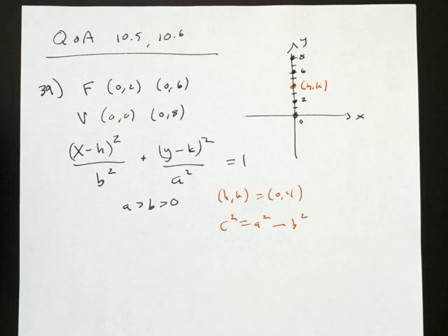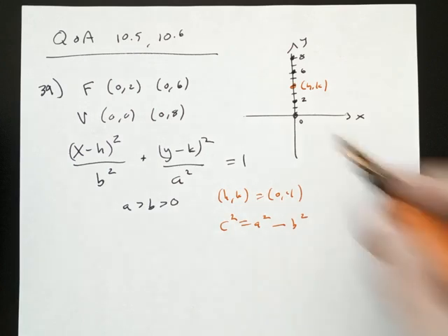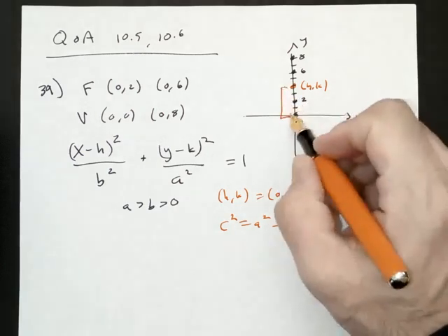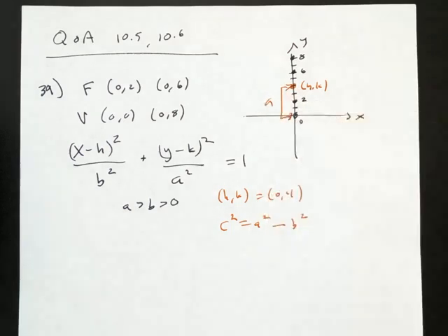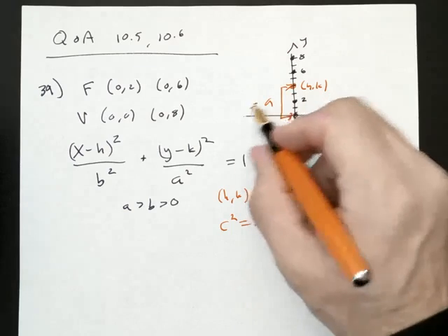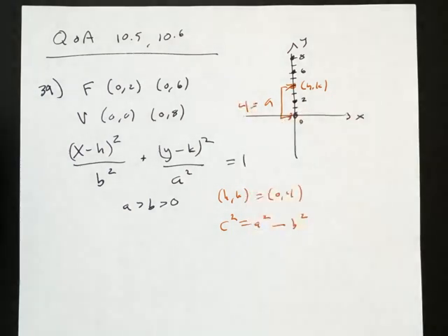Before you tell me what the number is, tell me how you're getting the number. From the vertex to the center. So this distance, that's a. How far is that? Okay, great. And notice that's the same whether I go down to the lower vertex or up to the upper vertex.